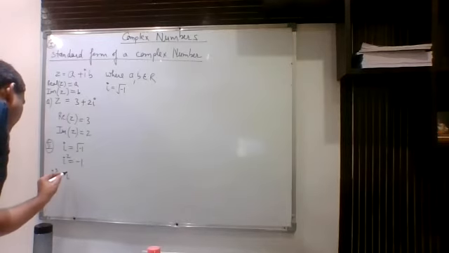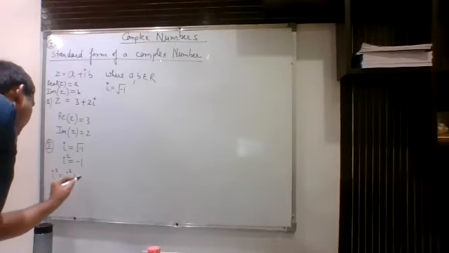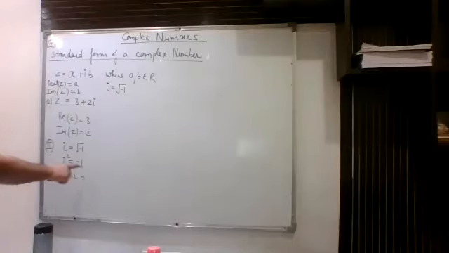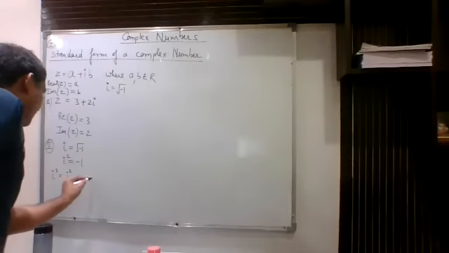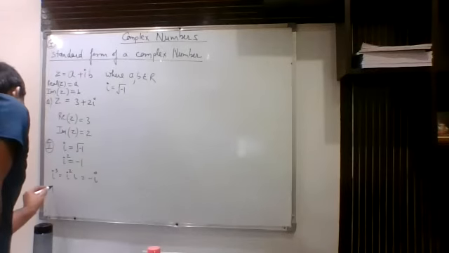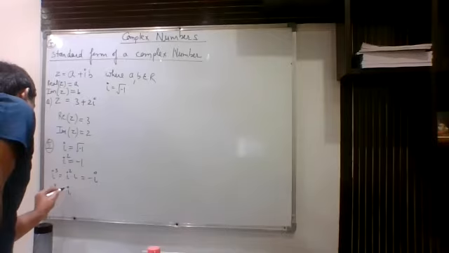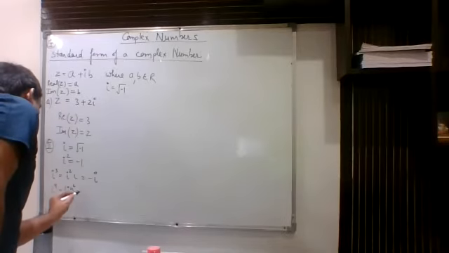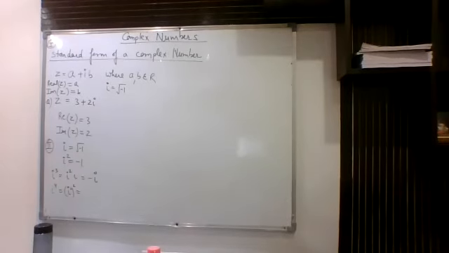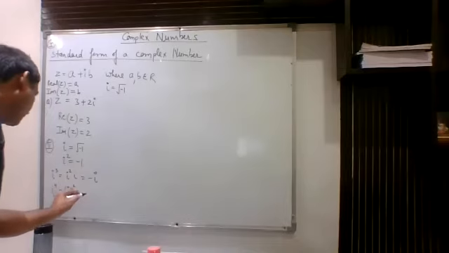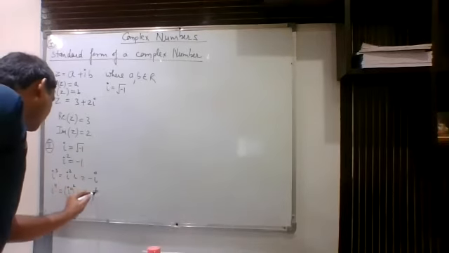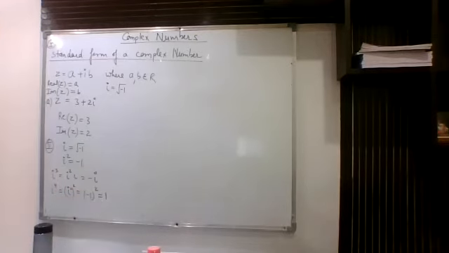It can be written as i square into iota. Now i square is -1, so this will become minus iota. If I want to find i to the power 4, that can be written as i square whole square, so -1 whole square, which will be equal to 1.